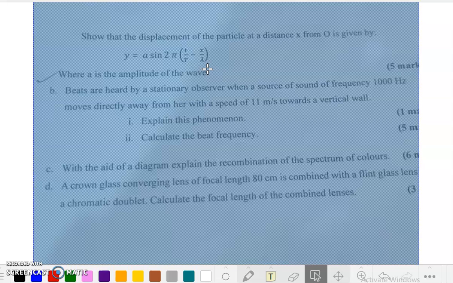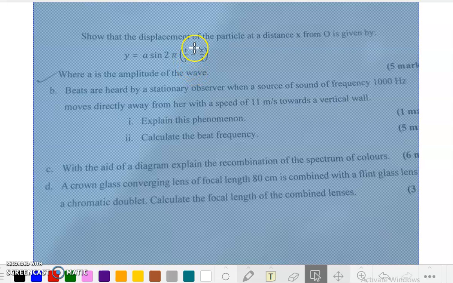You will recall that, as I mentioned earlier, y is nothing but the vertical displacement of this particular wave, and a is nothing but the amplitude. Small t in this case helps us to know the time taken.